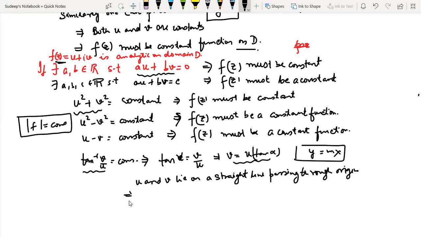It implies what? It implies f(z) must be a constant function. This we've already done otherwise, but now in this context, I'm writing f(z) must be a constant function. So all these cases are really important. I have written all these cases in one place, so that I don't think you're now going to get confused.